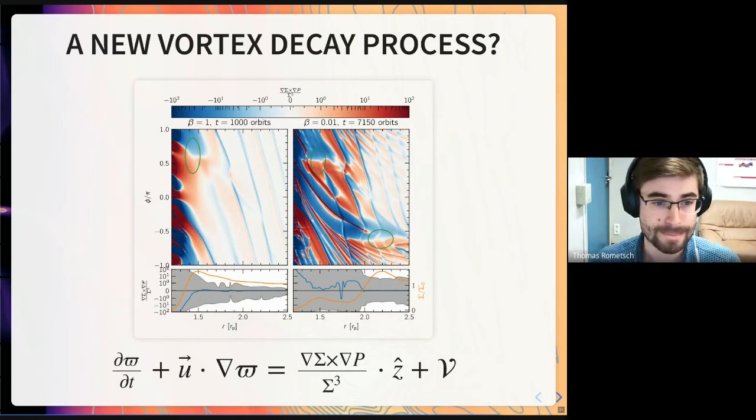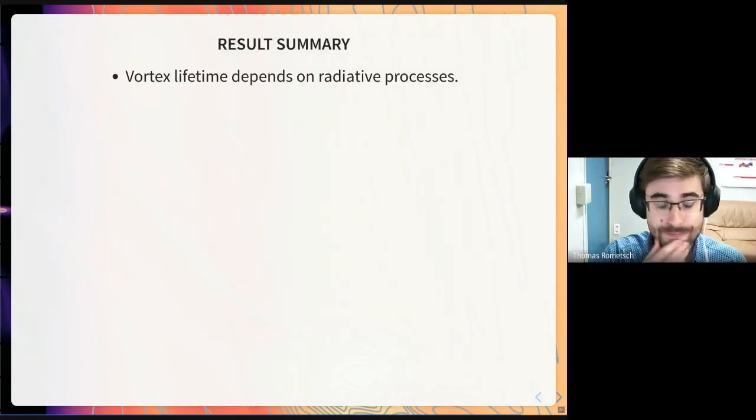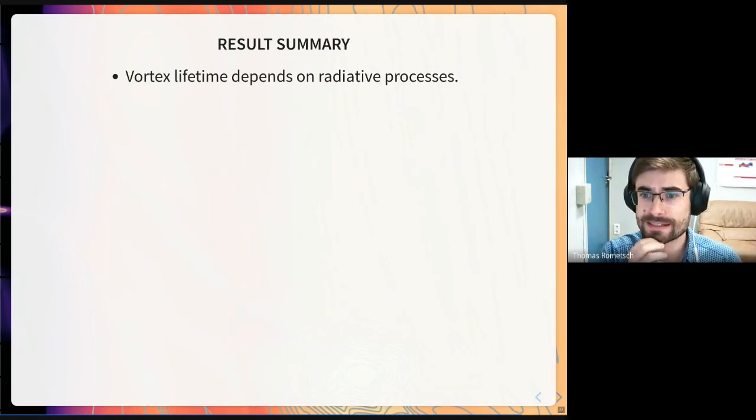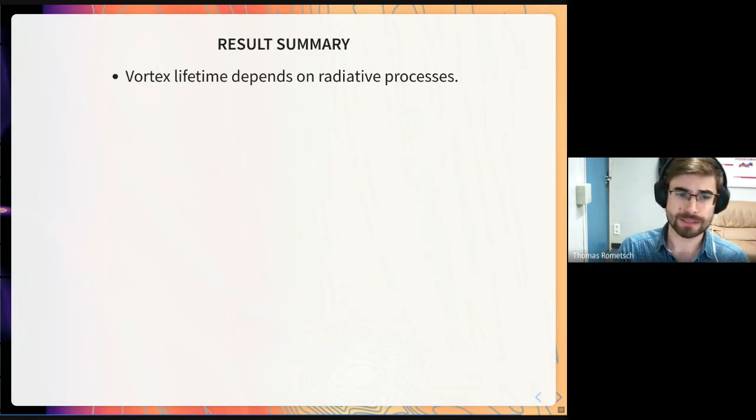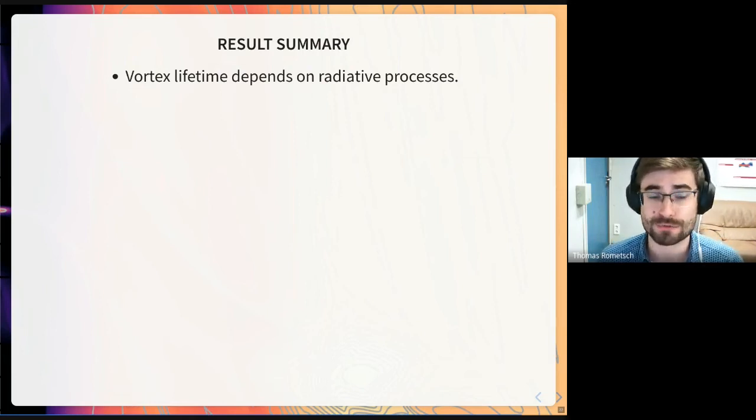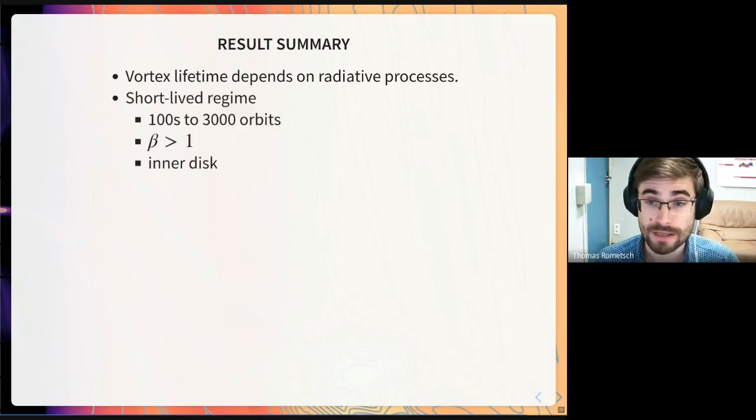Okay, so just let me summarize these results. Vortex lifetime in these protoplanetary disks, for vortices that are launched by planets, depends on radiative processes. They're very important. We have one short-lived regime where we have 100 to 1,000 orbits.